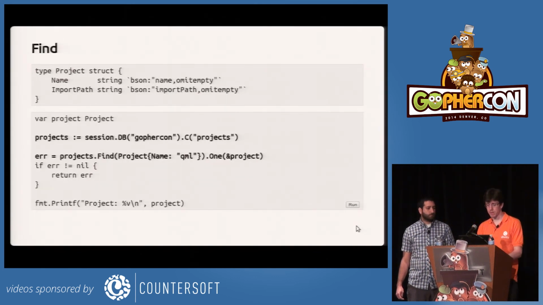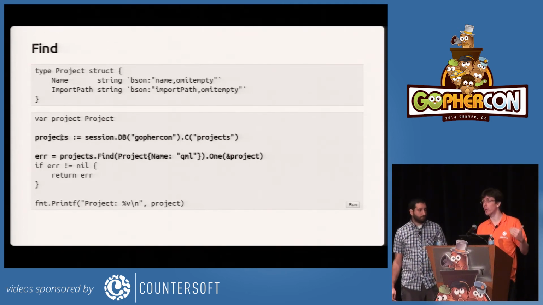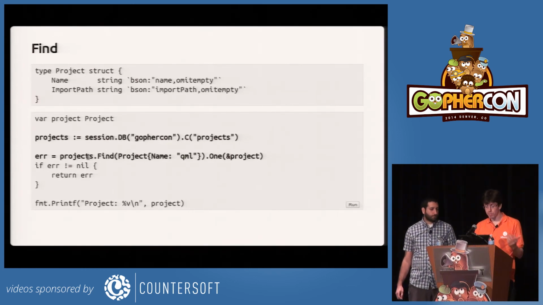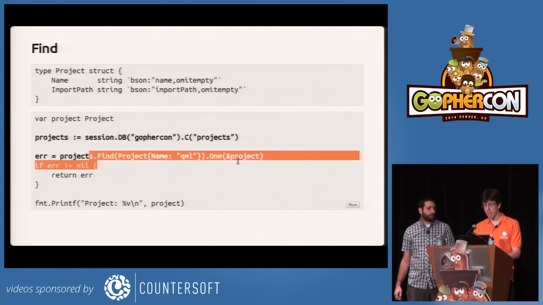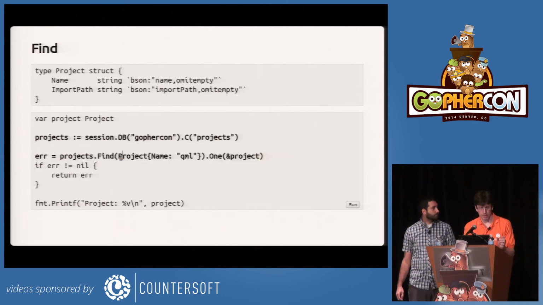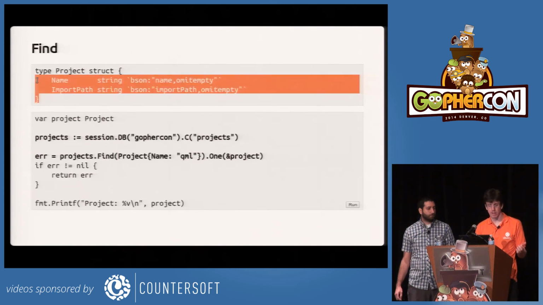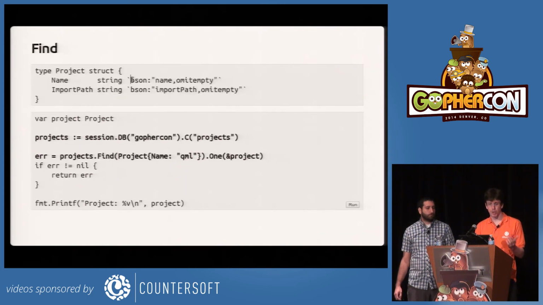So how do we use those sessions? The basic idea is you take a collection, which is analogous to a table, with similar-looking records within it, and you try to find one object, for example. The interesting thing to notice here, linking with what Steve was just saying and what I was saying about not having an ORM, is that those are normal Go values. The project type can be as simple as that. It has certain tags which are usual.